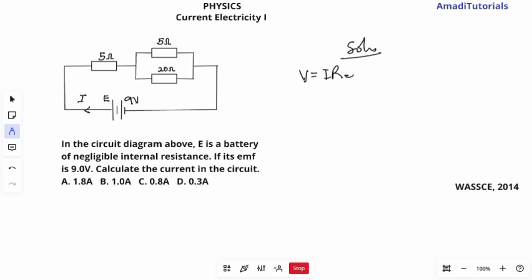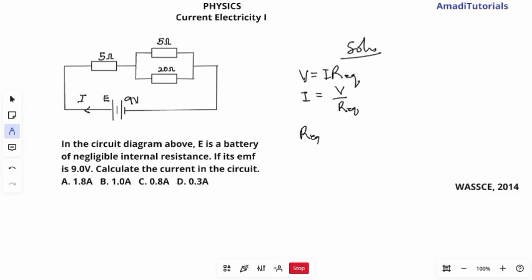So this R will represent the equivalent resistance. If we find the equivalent resistance, we can make I the subject of the formula, which is now V divided by equivalent resistance. It will give us the current drawn from the cell. So let's analyze the equivalent resistance.